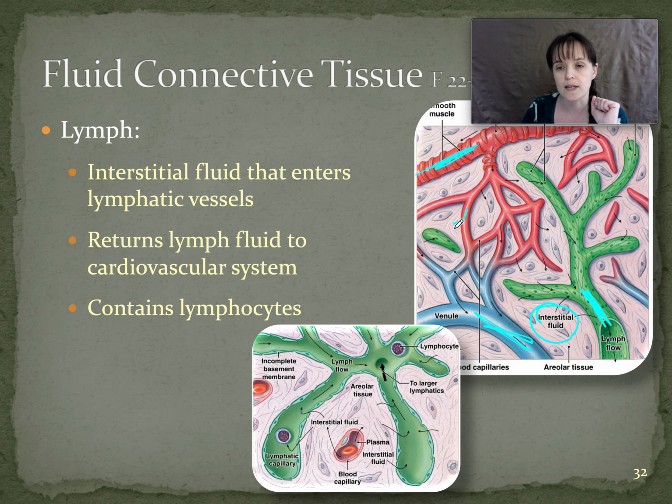And so the plasma part of the blood gets squished out into the extracellular spaces to become interstitial fluid or extracellular fluid. And then that enters the lymph vessels, and the lymph vessels do have lymphocytes, which are a type of white blood cell, and the lymph vessels also have lymph nodes that filter the fluids, and then they get dumped right back into the bloodstream, right up here on both sides.